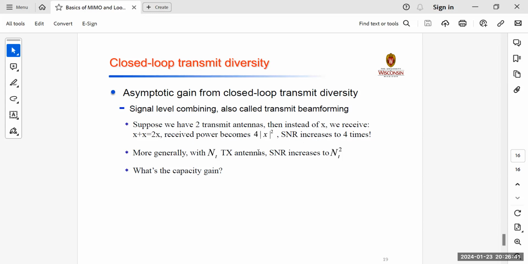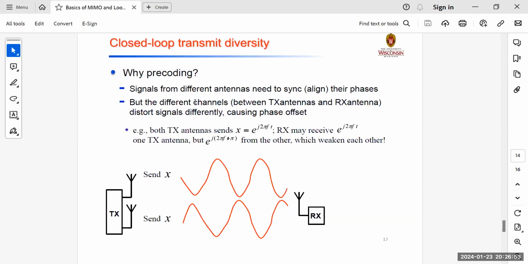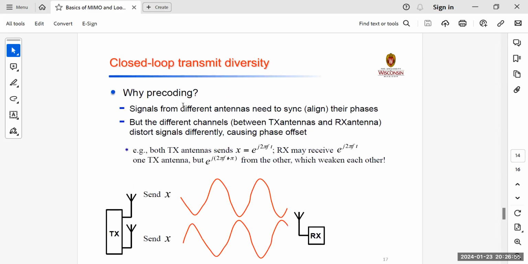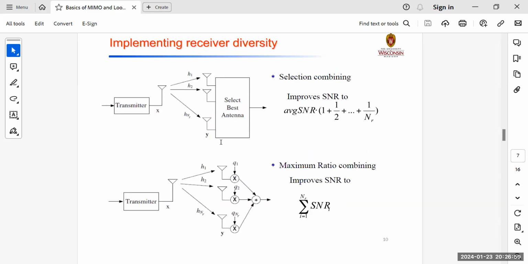More generally, with NT transmit antennas, the SNR increases by NT square. So that is why closed loop transmit diversity is much better in terms of this. But obviously, you need to have the channel state information, and hence you need to perform this pre-coding procedure.